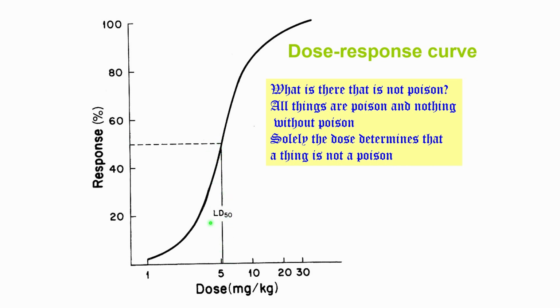For poison, it's LD50, 50% of population dying out. It's very important concept. Old medieval saying, what there is that is not a poison. All things are poison, and nothing without poison. Solely the dose determines that thing is not a poison.